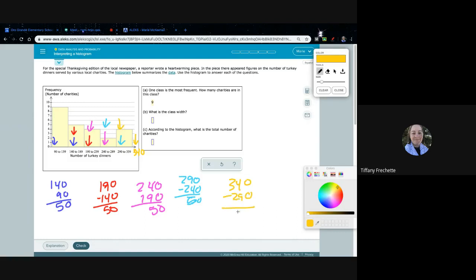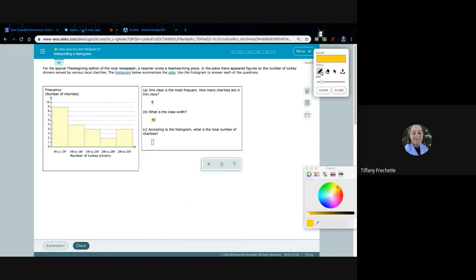So this is also 50. So my class width, they're calling it class, but it just means the bar width, is 50. All right, according to the histogram, what is the total number of charities? So I'm going to clear this out. And what we need to do is write our total number of charities in here so we can see. So this one has 9, because that's where the bar goes up to.